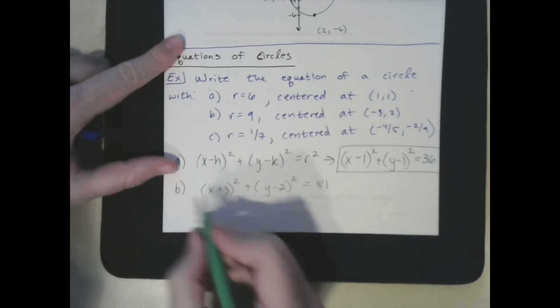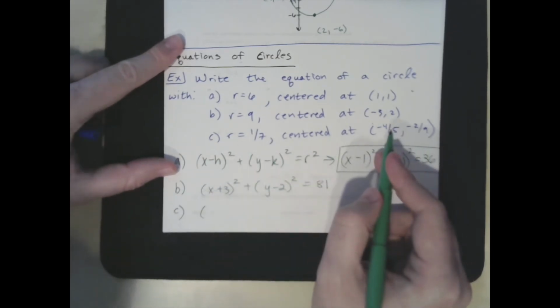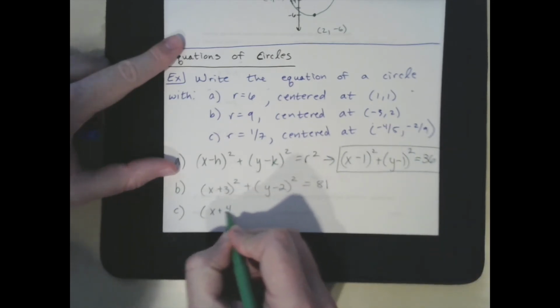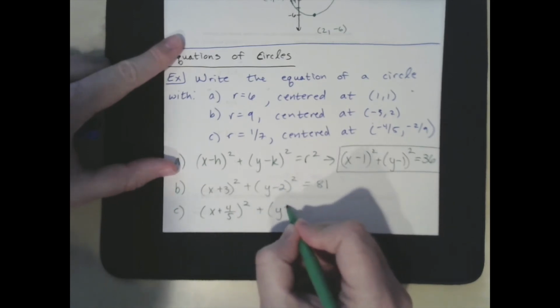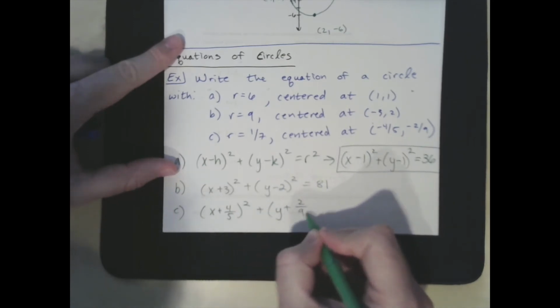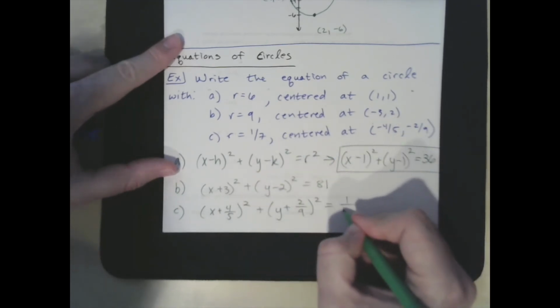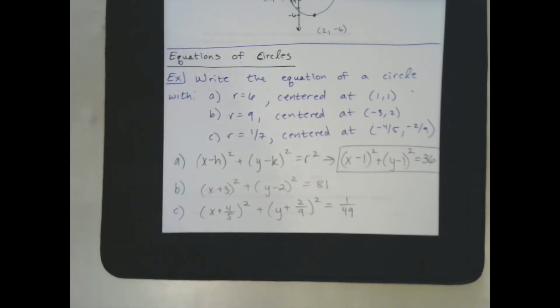That's our radius squared. Part C, we're centered at -4/5, comma, -2/9. So this is going to be x plus 4/5, quantity squared, plus y plus 2/9, quantity squared, equals 1/7 squared, which is 1/49. So those are equations of the circles that we were given.